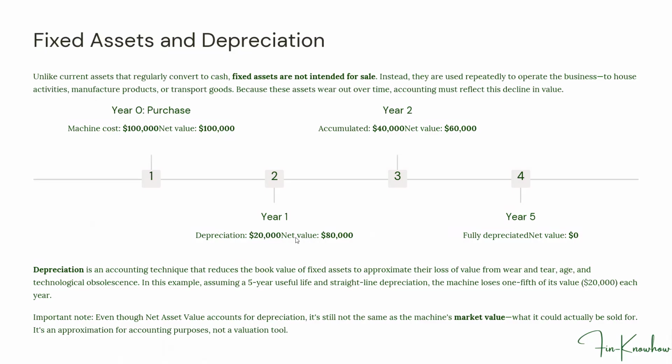So just to make this clear, what's recorded on the balance sheet for this asset, whether it's the gross value of $100,000 or the net value of $80,000 or $60,000, are often referred to as book values to distinguish them from what would be market values.